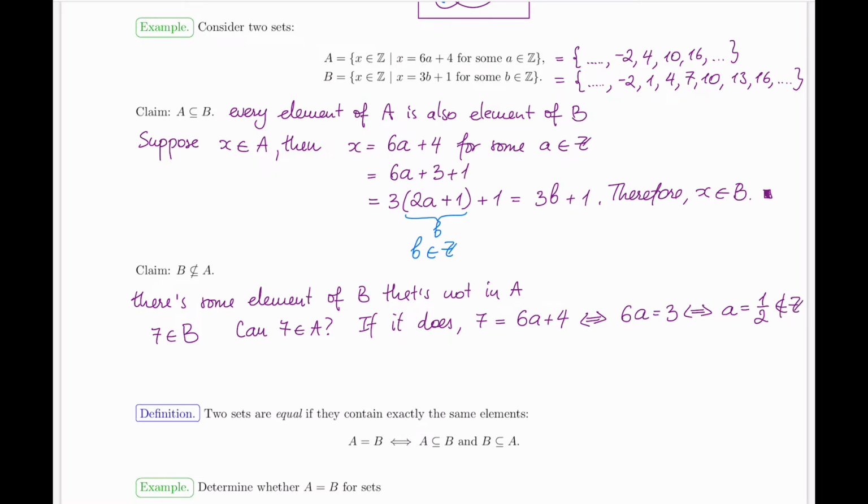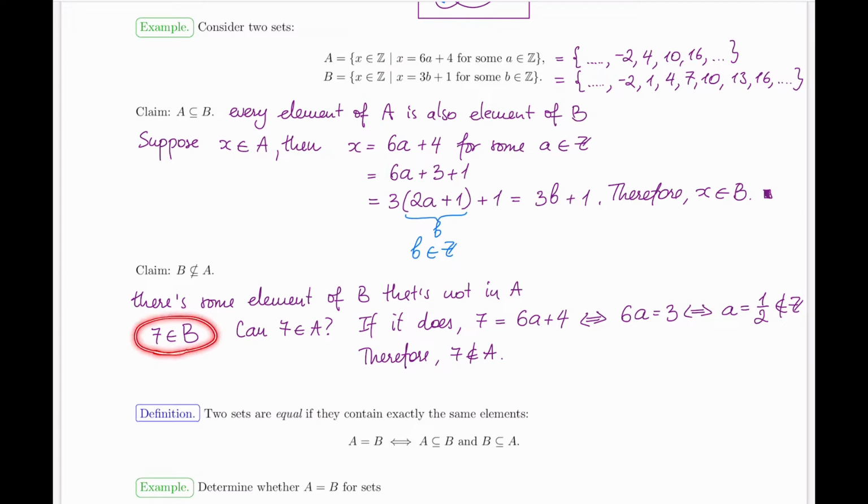But now what we have is, if 7 was in A, it would have to be writable in this form, but that seems to imply that the a for which that form would be feasible is not an integer, which then implies that there is no possible way that 7 can be written in that form, and therefore 7 cannot be an element of A. So let's review this part.